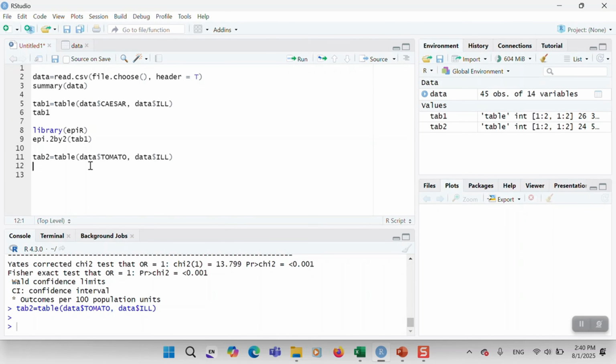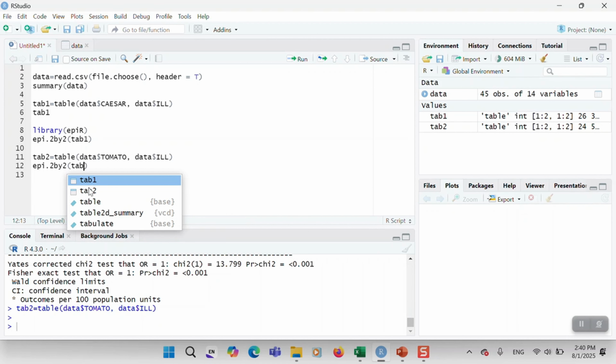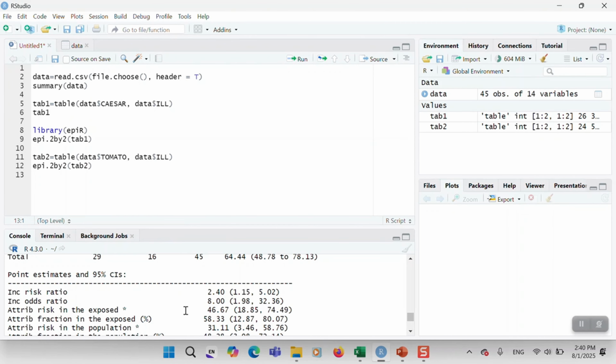Then we run epi.2by2 for tab2, and run. And here also, as you can see, tomato salad is significantly associated with illness. The odds ratio is very high and never crosses 1, and the risk ratio never crosses 1. So it implies that there is a strong, significant association between tomato salad and illness.